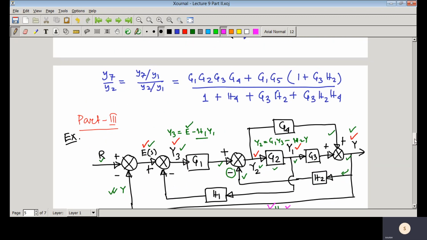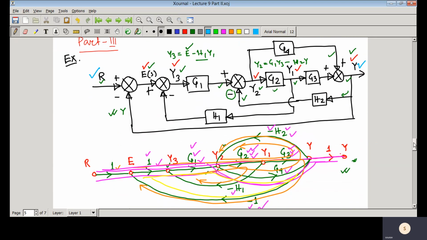So if you have a block diagram and are asked to find the transfer function from R(s) to Y(s), we have already discussed in detail how to find it from a block diagram, and this is another method.